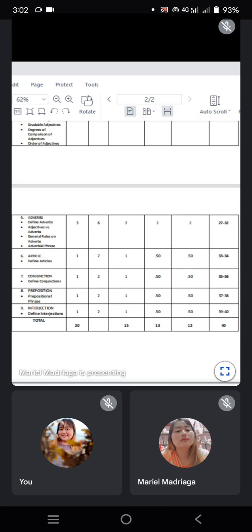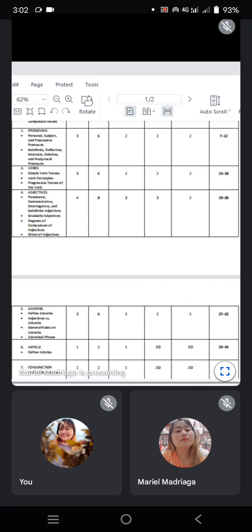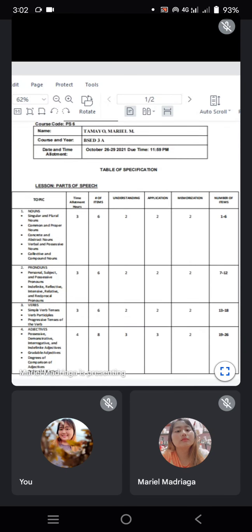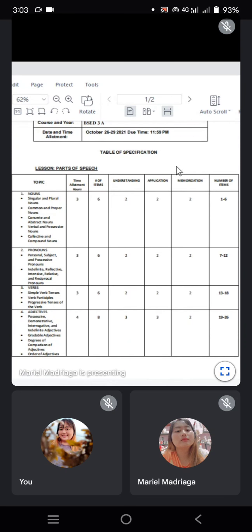Now, let's move on to the number of items. Here, how did I get the numbers in the number of items? So the formula that I used was time allotment hours for the corresponding topics divided by the total time allotment hours for the whole topic, which is the parts of speech.